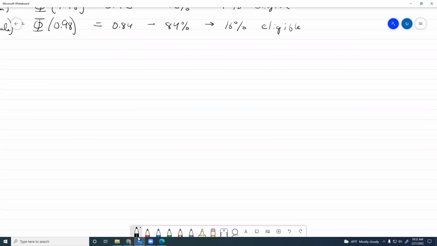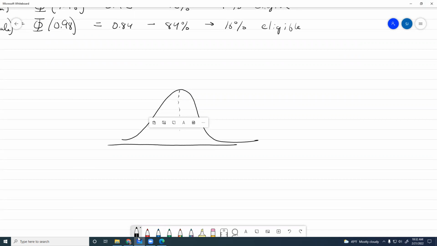They didn't set the table up this way, but what you're doing is calculating, going from -2, -1, 0, 1, and 2, and calculating these areas up to these points, right?